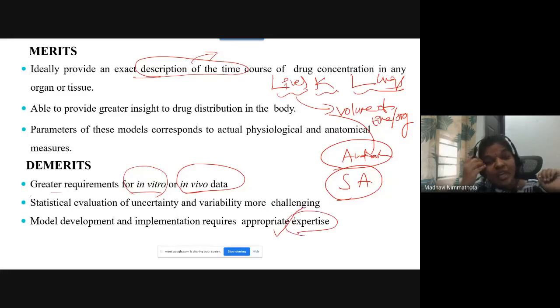So we cannot calculate the pharmacokinetics as easily as with the one compartment open model. This is a somewhat complicated process, totally dependent upon the distribution, the size and the volume of the organ. So a number of parameters influence this model.